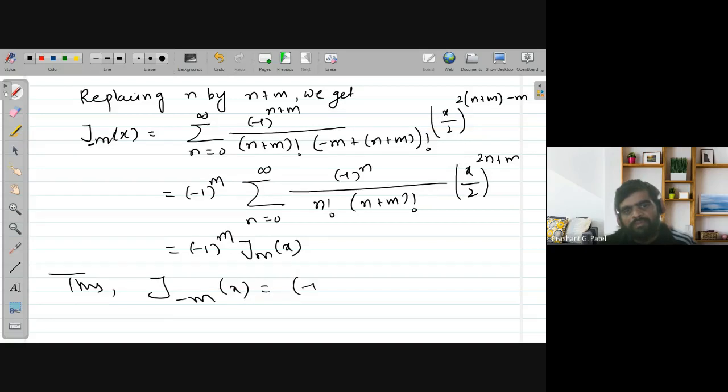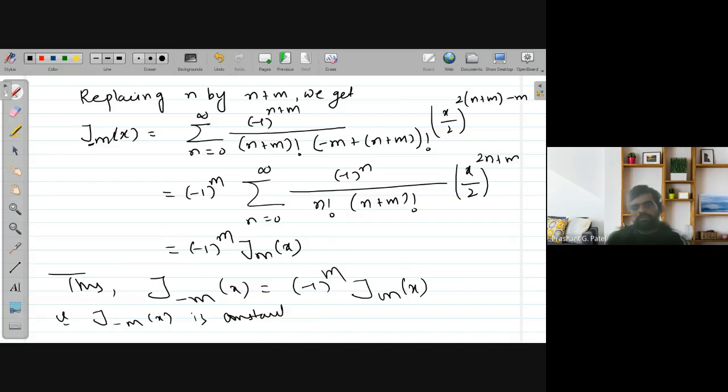That means we can say that this J_{-m}, this basis function, is a constant multiple of this one. Therefore both of these are linearly dependent. So I can write J_{-m}(x) is a constant multiple of J_m(x). So J_{-m}(x) and J_m(x) are linearly dependent.